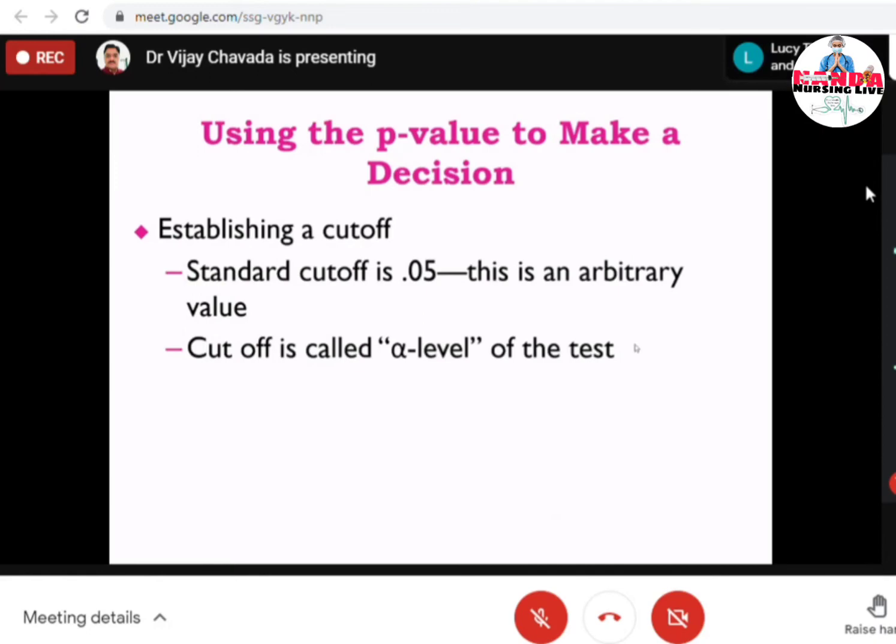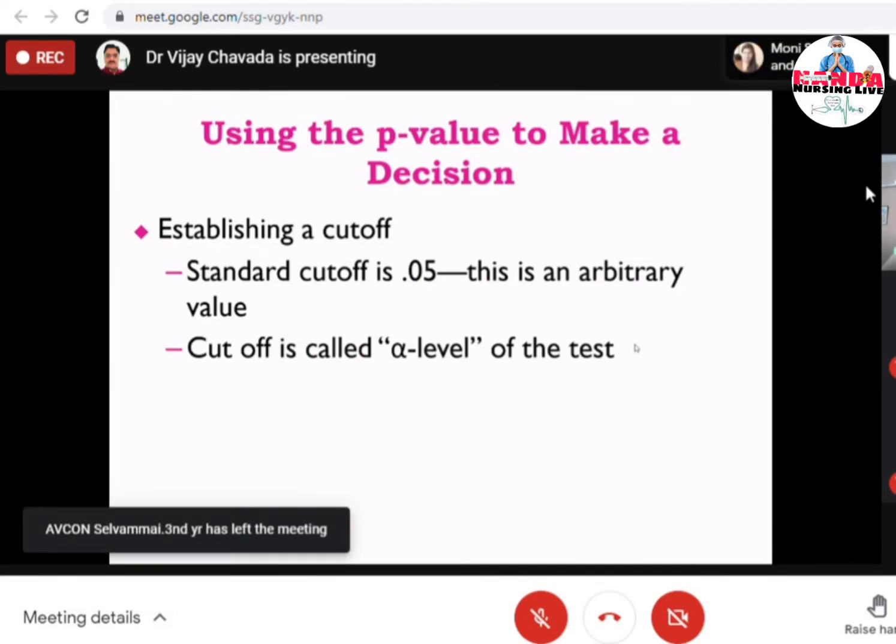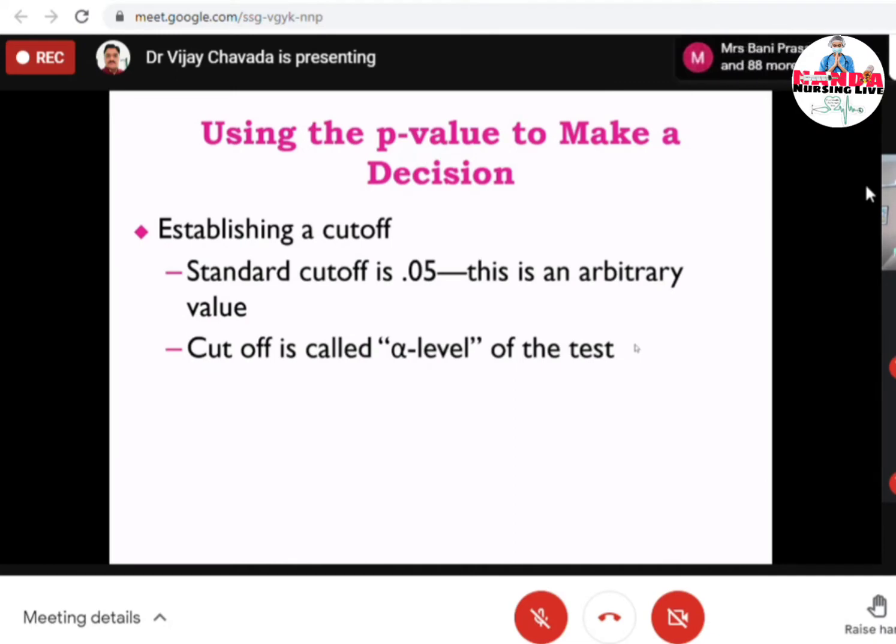Now how can we make use of the p-value? Say, for example, the arbitrary cutoff for the p-value is 0.05. This is an arbitrary value, and the cutoff is called the alpha level of the test. At this cutoff of 0.05, if the p-value of our result is less than 0.05, then we reject the null hypothesis, means we are going to accept the research hypothesis. If the p-value is more than 0.05, then we accept the null hypothesis.